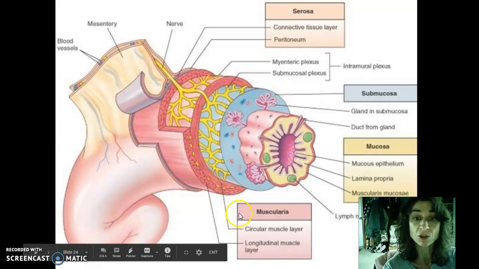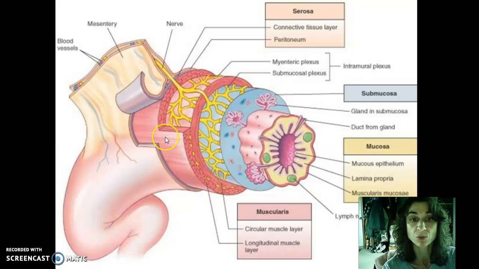So you have that circular muscular layer, which is this layer, and then you have the longitudinal muscle layer, which is this thicker layer going this direction. Then you have that outermost layer, which is here, the serosa. The inner layer of that serosa would be the visceral. The outer layer of that serosa would be the parietal.